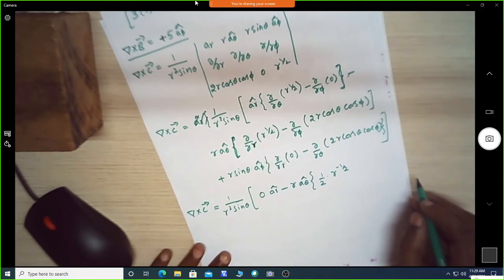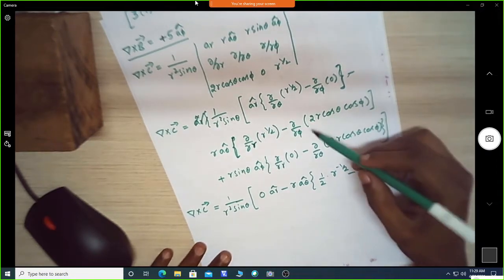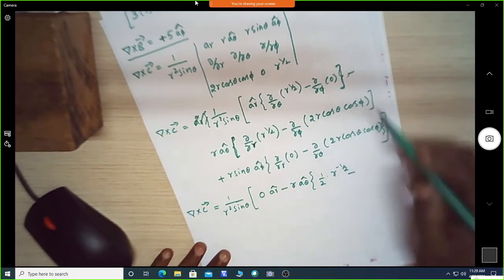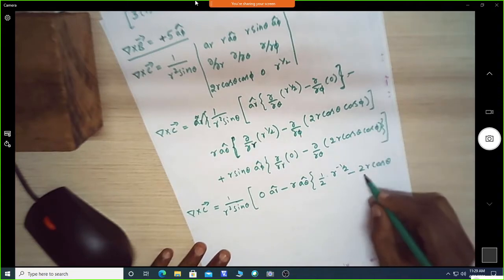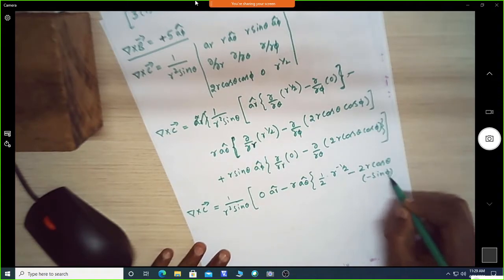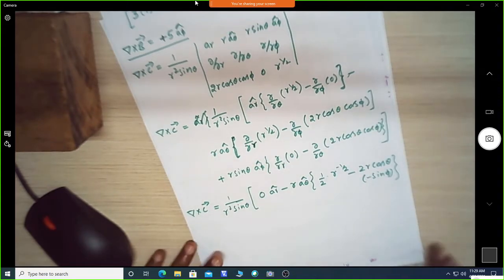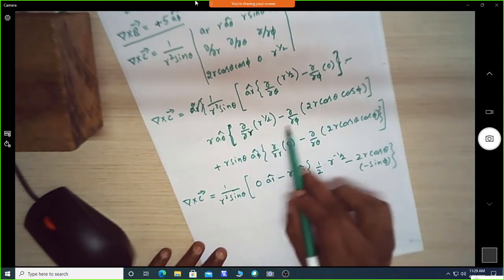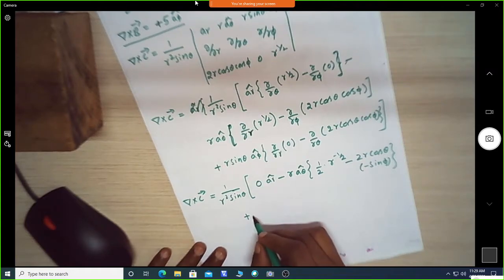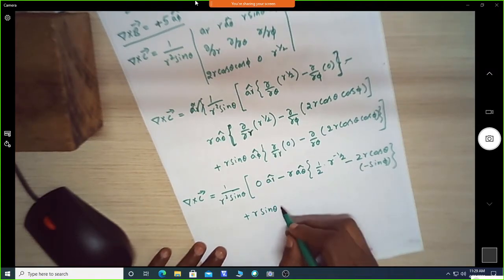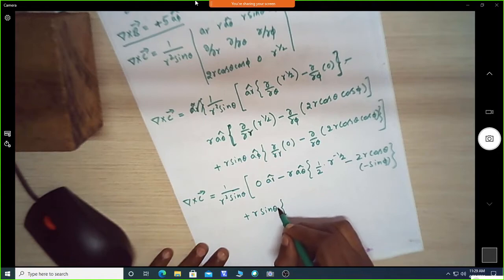Minus, with respect to phi, 2r cos theta is constant. What is cos phi? Differentiation gives minus sin. So this is the second with respect to theta, and similarly with respect to phi, r sin theta, into a phi direction.